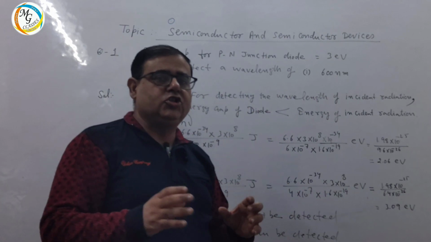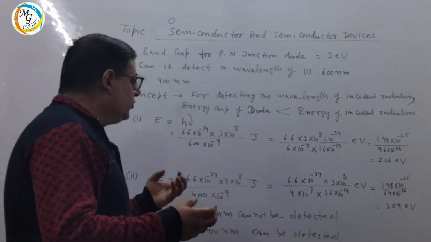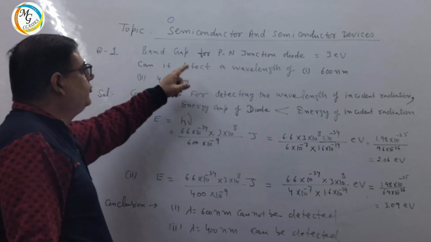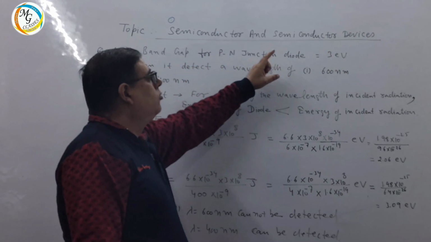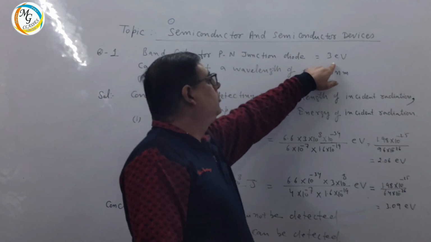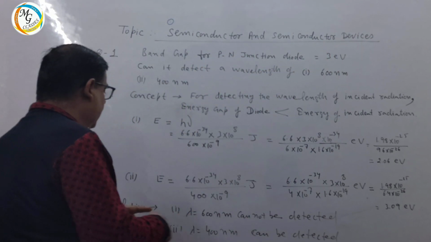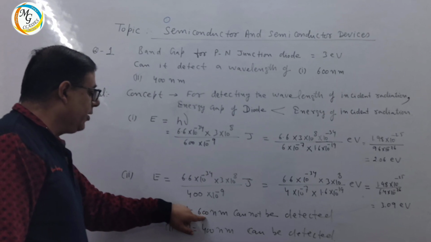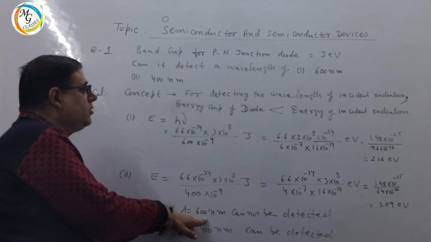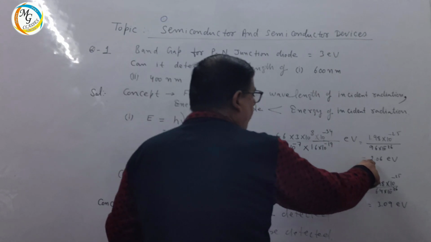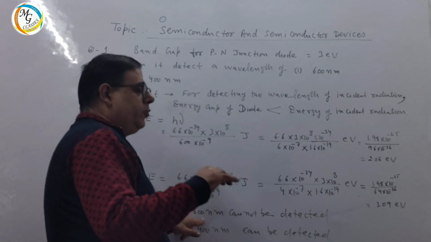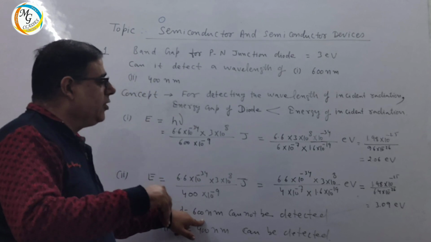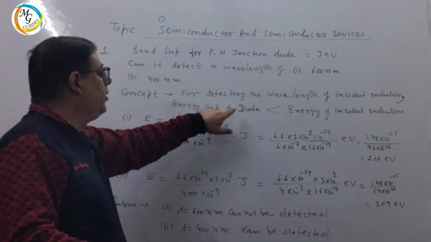So now we are in a position to testify which one can be detected with the help of this p-n junction diode whose energy gap is given as 3 electron volt. As far as the first radiation whose wavelength is 600 nanometer is concerned, its energy is coming 2.06 electron volt. Obviously, the energy of the incident photon is less than the energy gap of the diode.